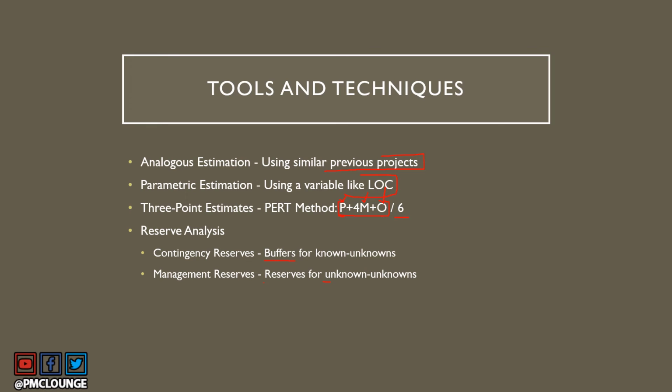These are reserves for unknown unknowns. So these are with the management. They keep a certain amount of money just in case something unknown shows up during the course of your project. Like I said earlier, all these four are discussed in detail. The links to the separate videos for these four tools and techniques are available in the description.